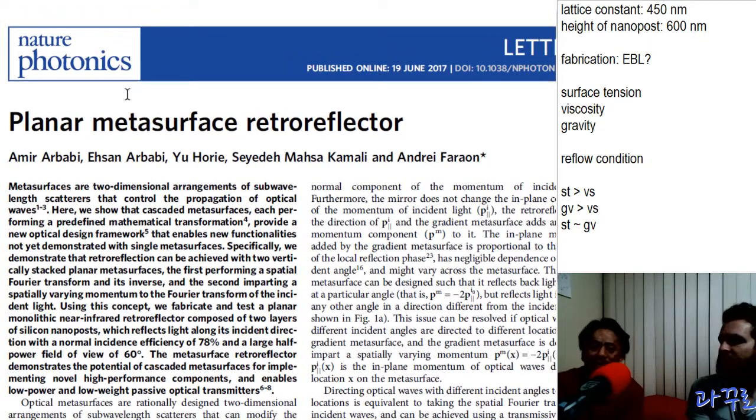It would be nice to see how well the design structure matches the behavior predicted by the simulations, but there is no experimental data shown in the paper relating to the phase change other than the images of the retroreflector.